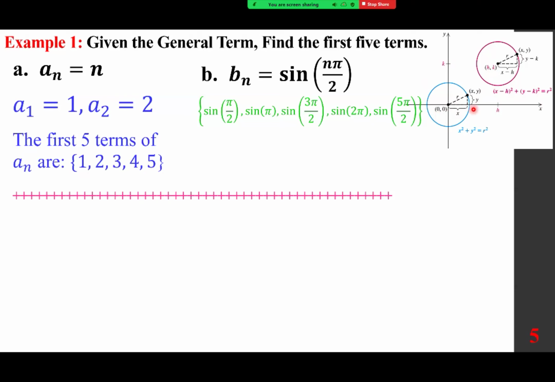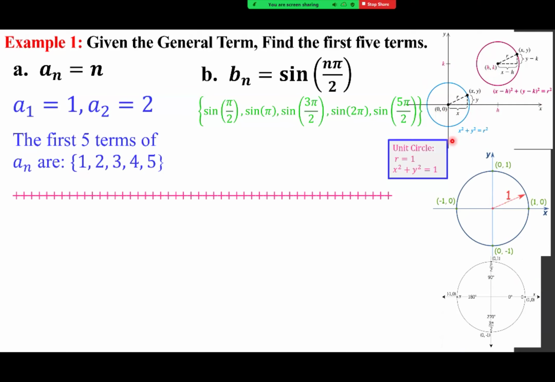When the radius is 1, in this case, we call it a unit circle. So x squared plus y squared equals 1, r is 1. So if that is the case, we have this point at 1, 0, this one at 0, 1, negative 1, 0, 0, negative 1.